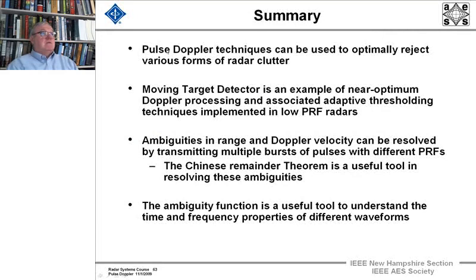Now, in summary, pulse Doppler radar techniques can optimally reject various forms of radar clutter. And the MTD I showed you earlier is an example of a low PRF radar that's near optimum Doppler processing and associated adaptive thresholding.